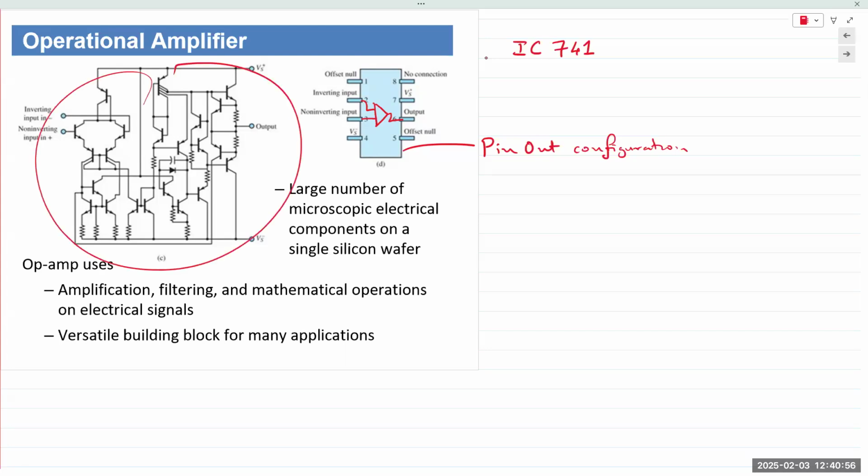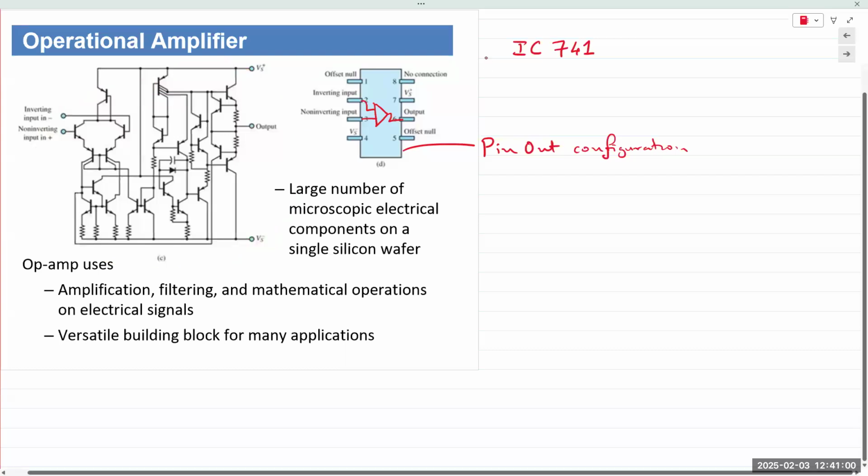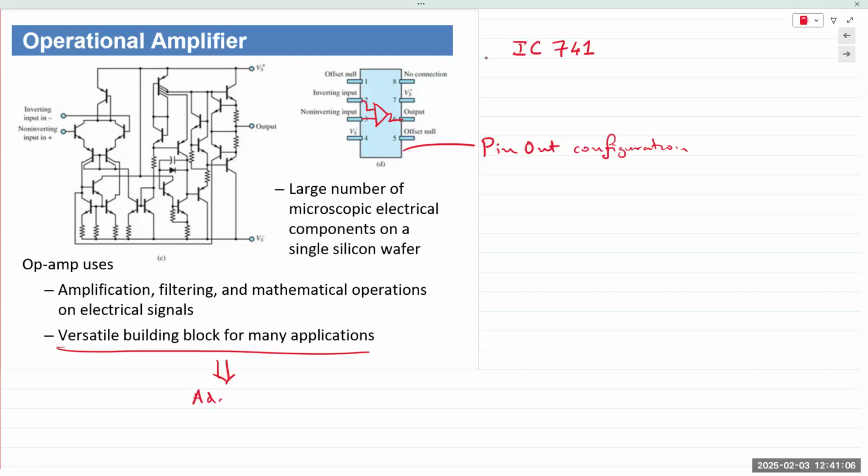So it's a miniaturized PCB that contains all of these elements. And then simply by adding a few external components, you can use it for many different applications.